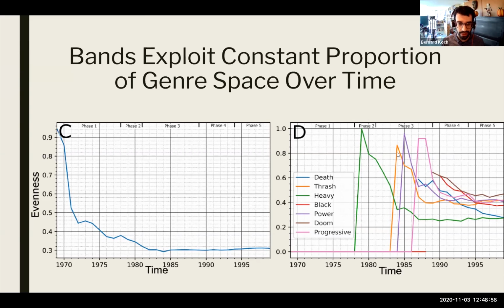Some genres become more or less popular over time, but bands only effectively explore a fixed proportion of the genre space available to them at any given time. And I think that's consistent with a real cultural carrying capacity idea and reinforces the competition hypothesis.